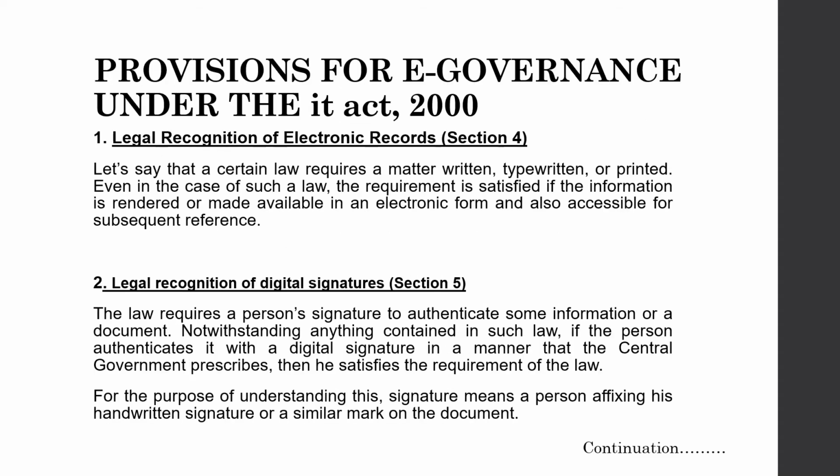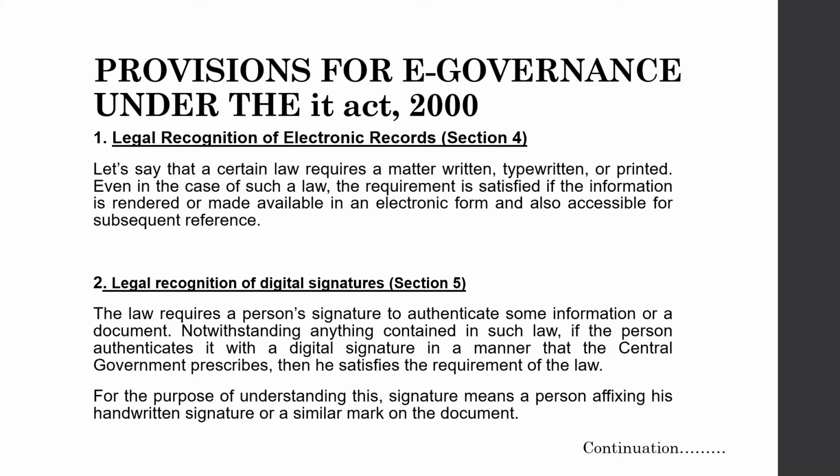Next, we are going to discuss some provisions. Some provisions are there for e-governance under the IT Act 2000. What type of provisions? They are coming under sections 4, 5, 6, all these sections. Section 4 is telling what provisions? Legal recognition of electronic records.